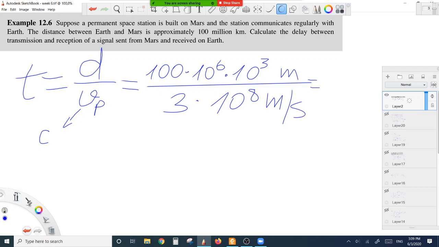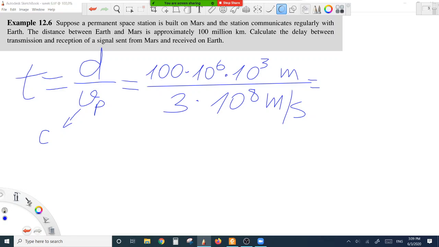So if we divide this, here we have 10^9 and here we have 10^8.